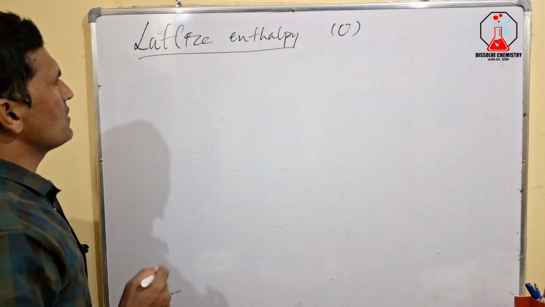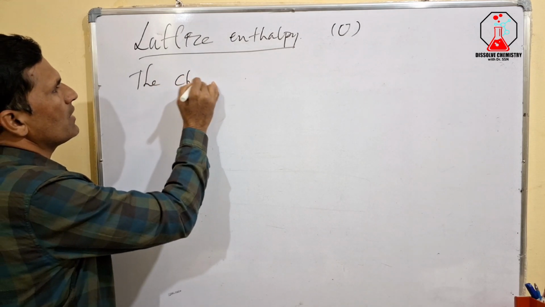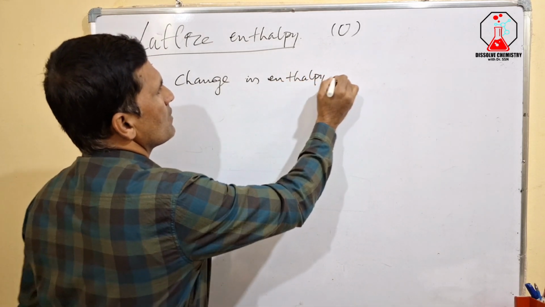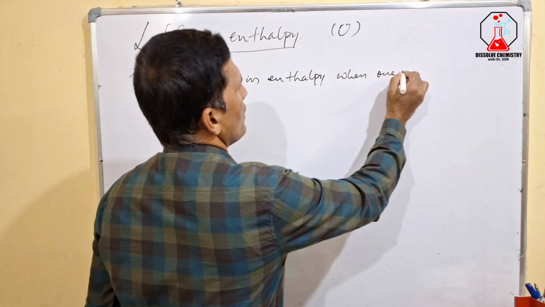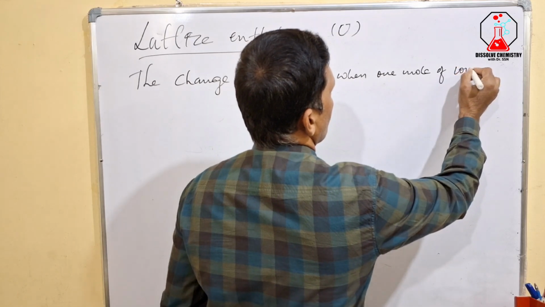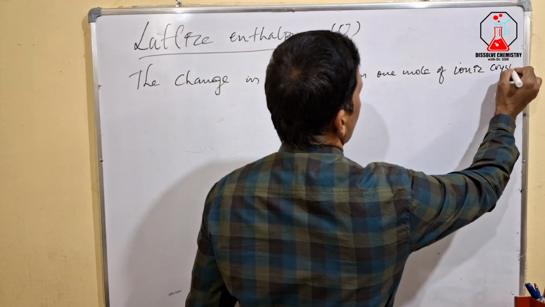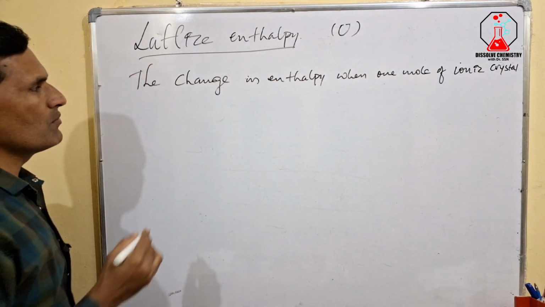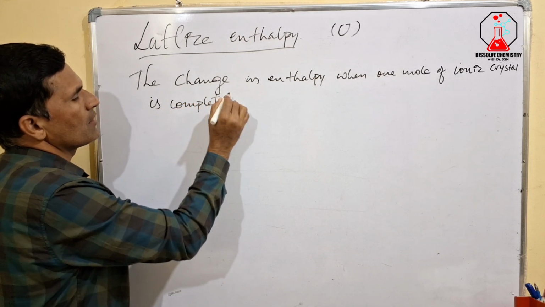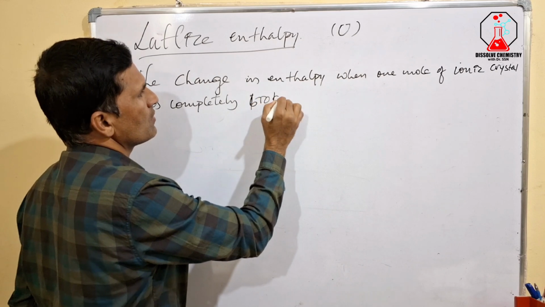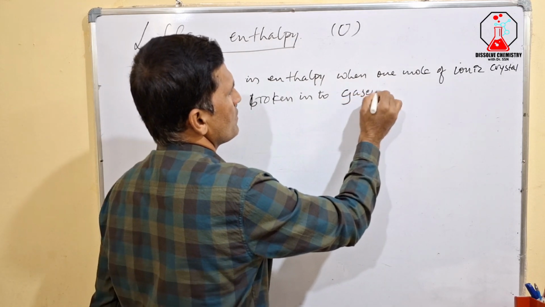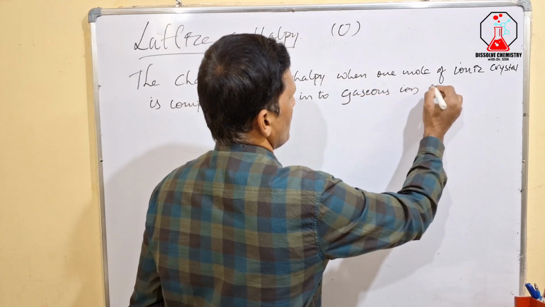The lattice enthalpy is defined as the change in enthalpy when 1 mole of ionic crystal is completely broken into gaseous ions.